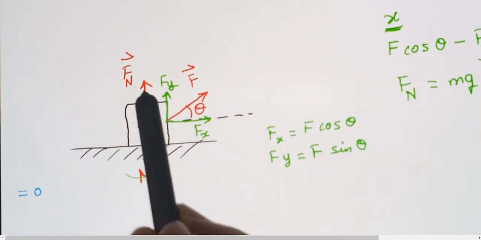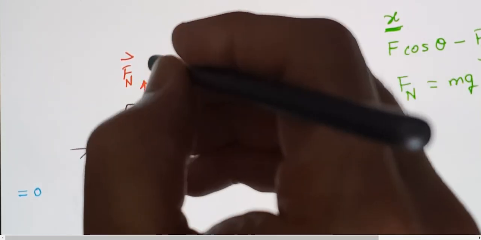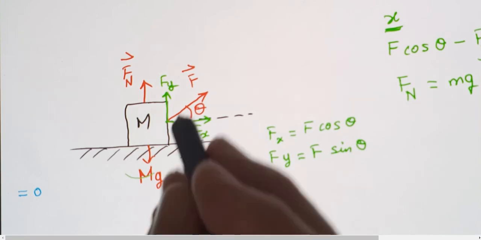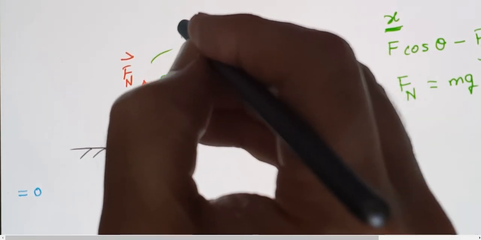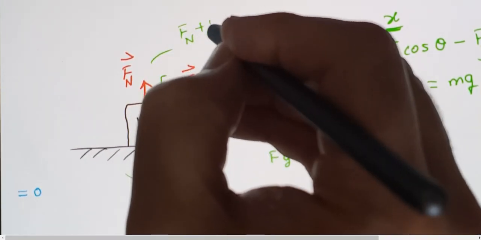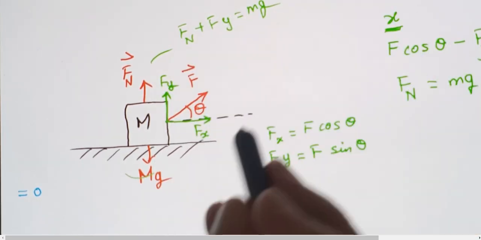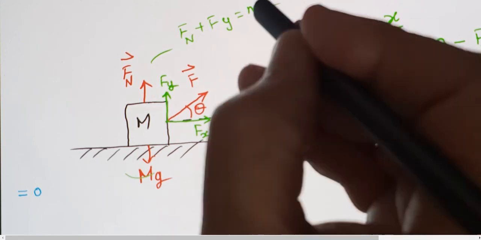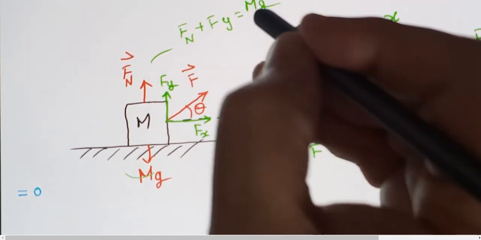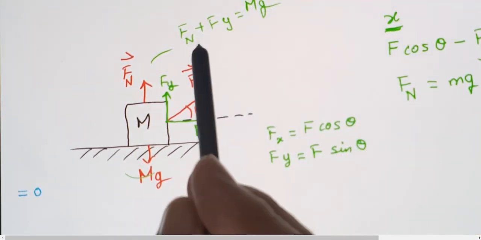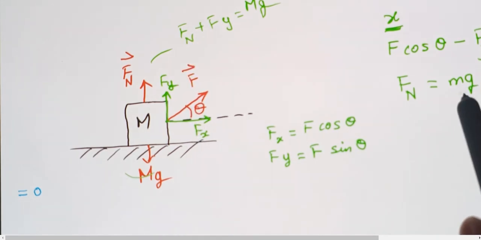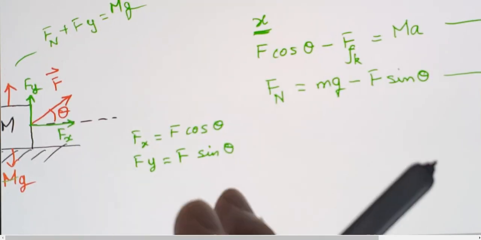That means Fn plus F of y is equal to mg, because there is no motion in the y-axis. So that means normal force is equal to mg minus F sine theta.